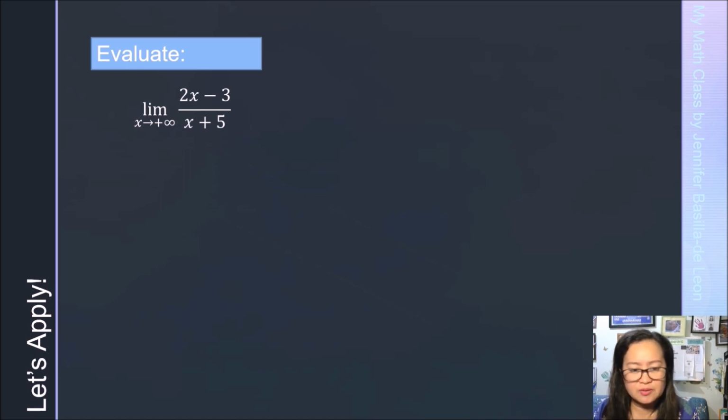Okay, so in this case, we divide each term by x. So we will have 2x over x minus 3 over x all over x over x plus 5 over x.